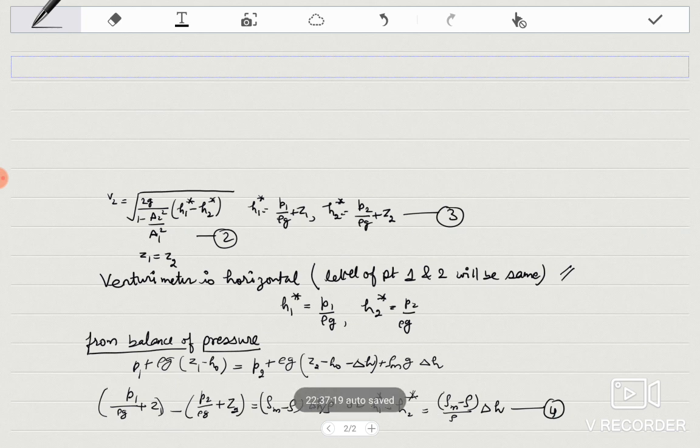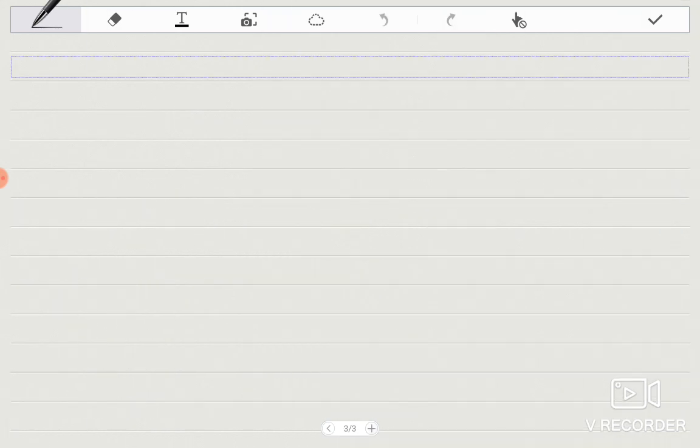Now using this 4, equation 3 will become V2 square is equal to twice G upon A1 square minus A2 square, this is also square, times (rho m upon rho minus 1) delta H.